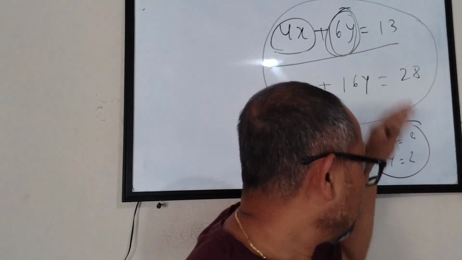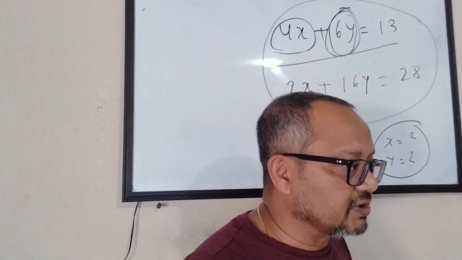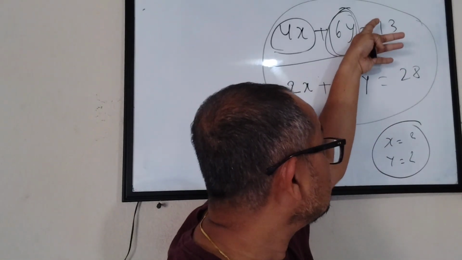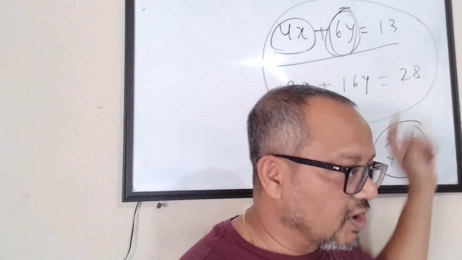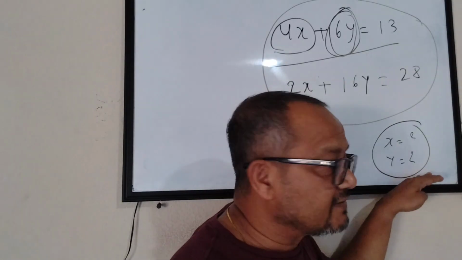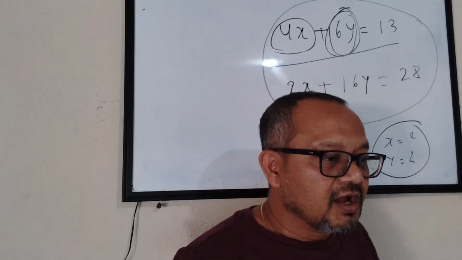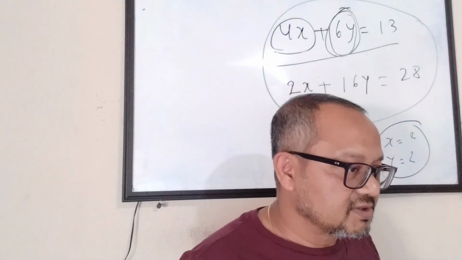Since we are talking about two equations right now, let's relate it with two equations for now. If I have two equations with two variables x and y, and using these two equations I'm able to solve and get the exact value for x and y, then that is called a consistent system of equations.